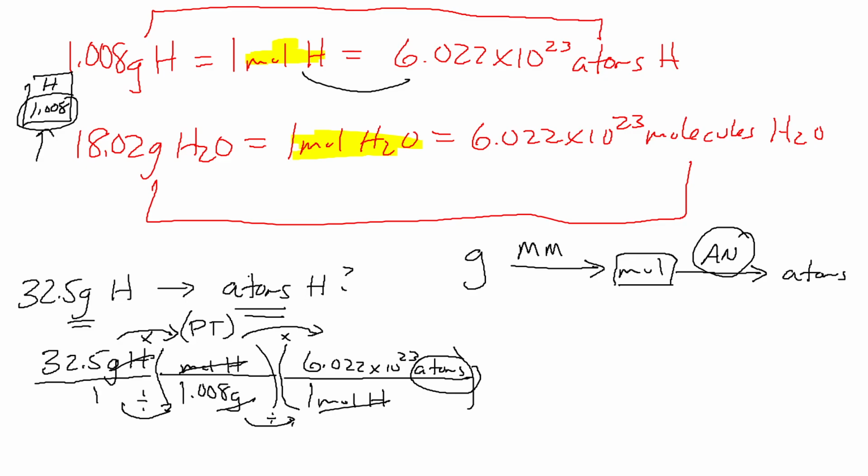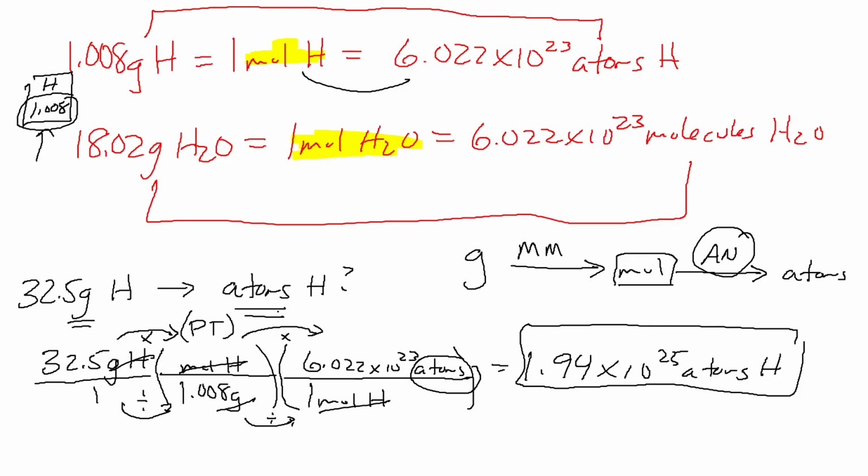So essentially here, we're going to take 32.5 multiplied by 6.022 to the 23. We're going to divide it by 1.008. Going to get us here, in the 32 grams or so of hydrogen, 1.94 times 10 to the 25 atoms of hydrogen in this case.